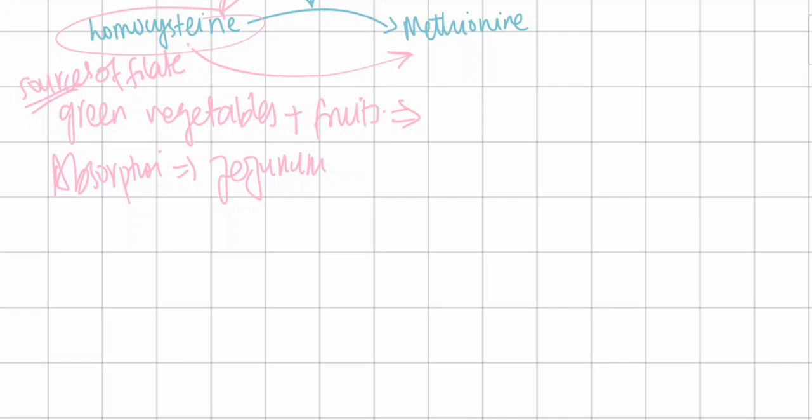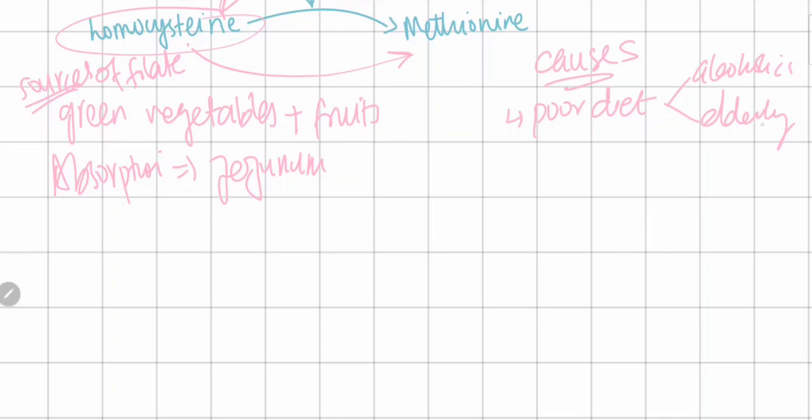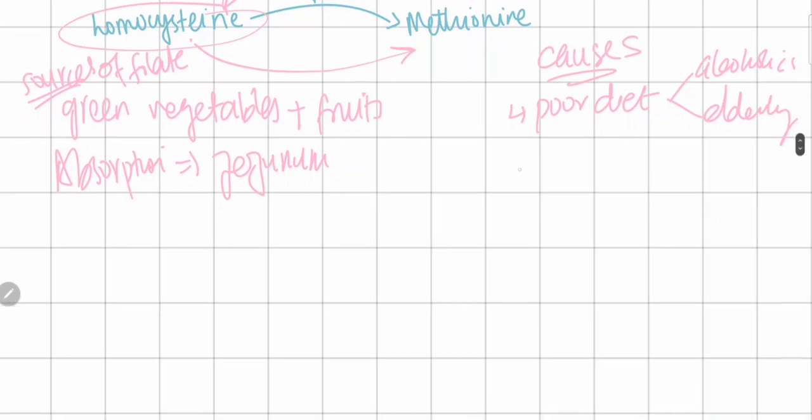Now, when we talk about causes, we have poor diet, and mostly with poor diet we're going to have alcoholics. We can have elderly people, right? Also, if there is any kind of increased demand, like in pregnancy, or in cancer, or in hemolytic anemia, in which RBCs are being attacked.